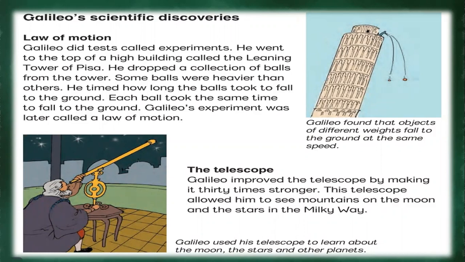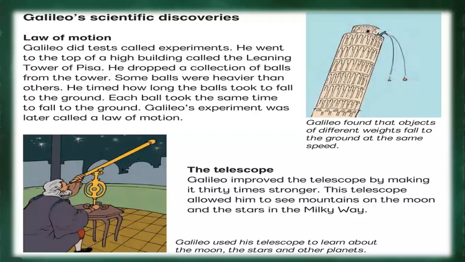It was his experiment. So he also invented the telescope. He improved the telescope by making it 30 times stronger. This telescope allowed him to see mountains on the moon and the stars in the Milky Way.